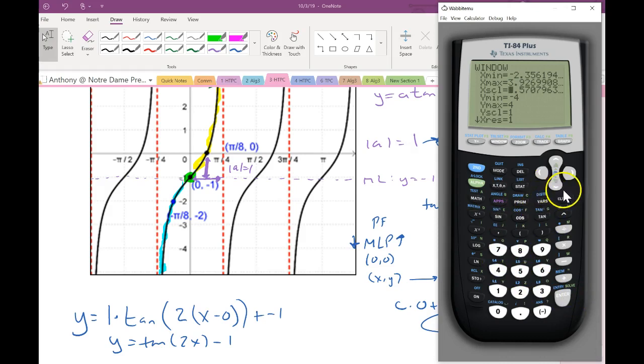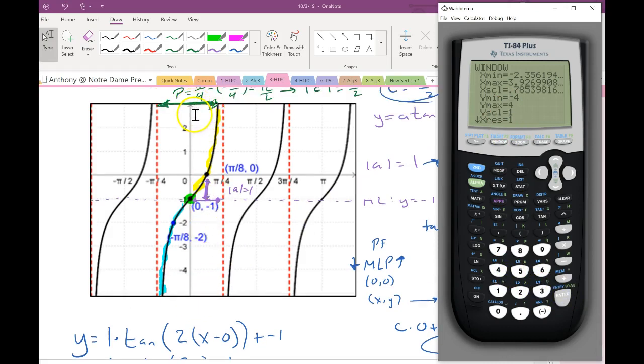And then we're going up by quarters, so let's make our increment pi over 4. If I look at this, it looks like we're going from -5 to +3. And our scale is just going by 1s in the y direction.